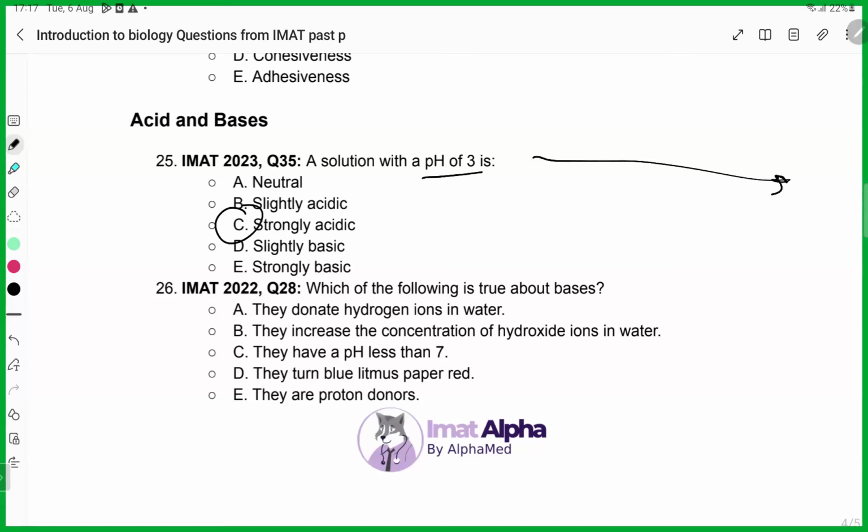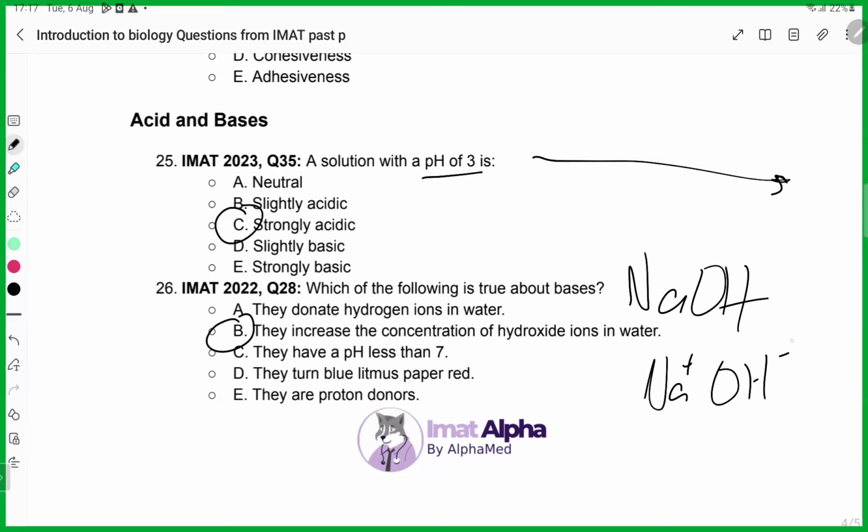2022: which of the following is true about bases? They donate hydrogen ions in water. They increase the concentration of hydroxide ions in water. They have a pH less than 7. They turn blue litmus paper red. They are proton donors. Normally bases increase the concentration of hydroxide ions in water because, as we said, take a strong base like NaOH, Na plus, OH minus.